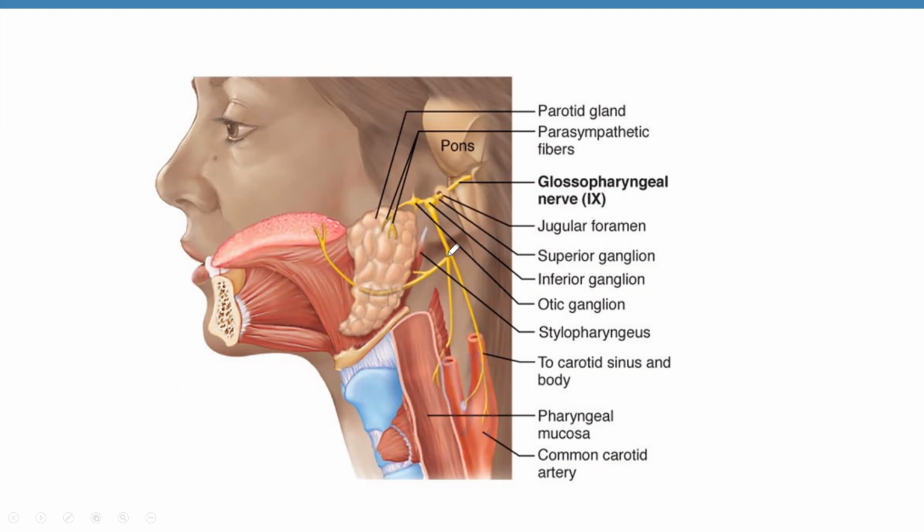Inside these blood vessels, that's the common carotid, and then it splits into internal and external carotid. And you have carotid sinuses here, where you have your baroreceptors and chemoreceptors for blood pressure and oxygen and carbon dioxide level in your blood.